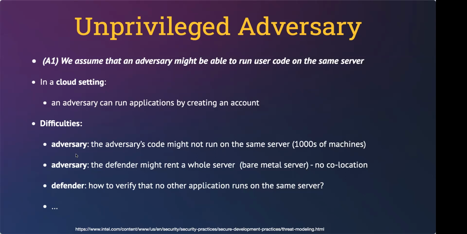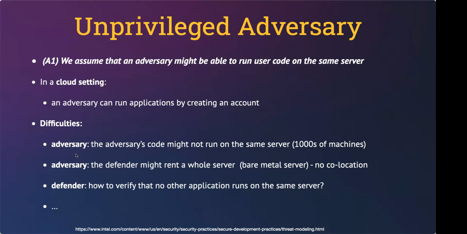There's also very good isolation between the different applications. If I'm a defender with an application, I might also use a bare metal server where no other application runs on the same machine that I use.